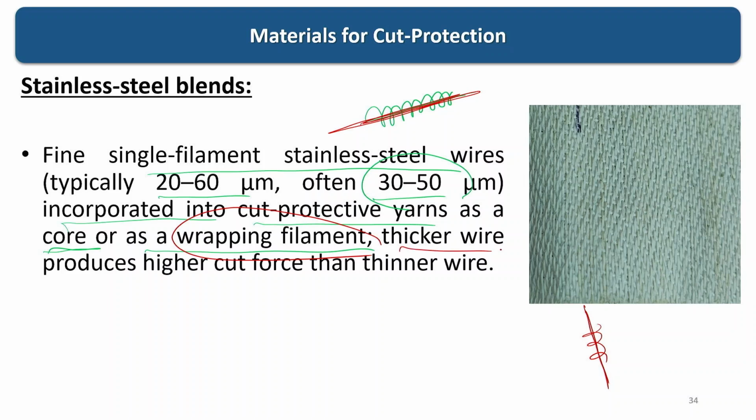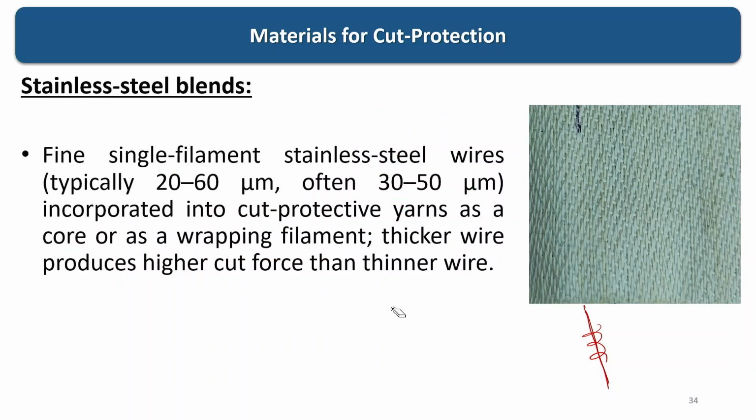Obviously, thicker wire will produce higher cut resistance than thinner wire, but the problem with thicker wire is that its flexibility will not be there and its weight will be more. So, we have to optimize this, but stainless steel filaments are widely used in cut protection, particularly when threats are very high.